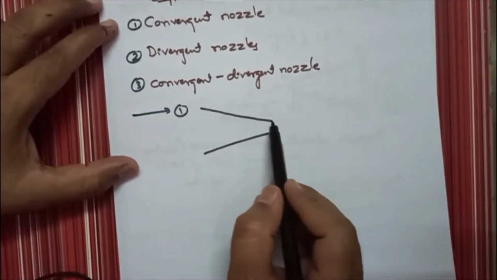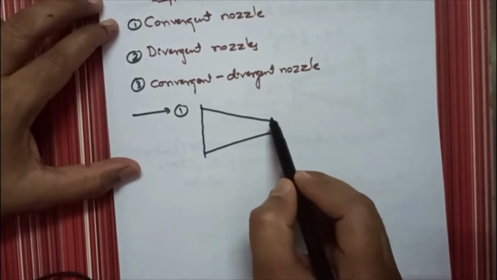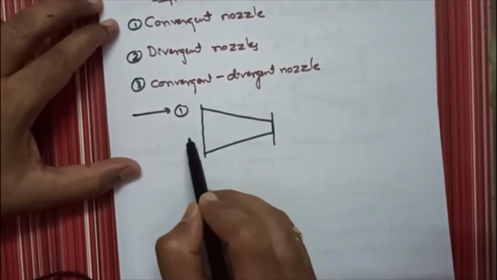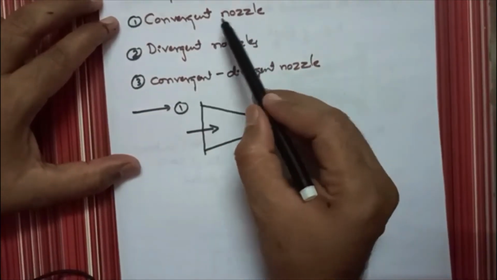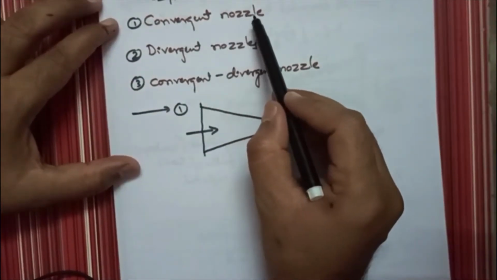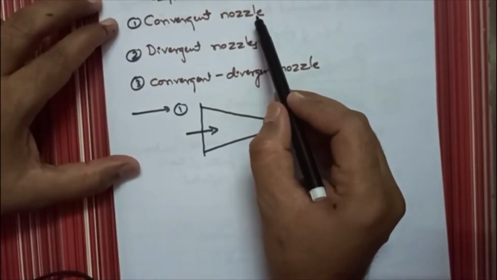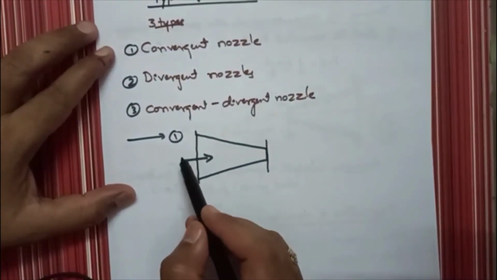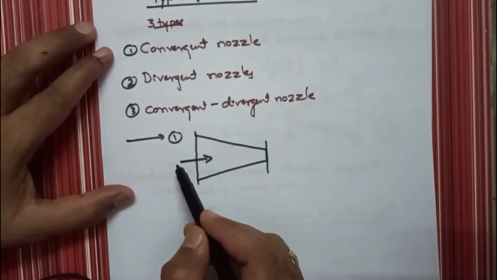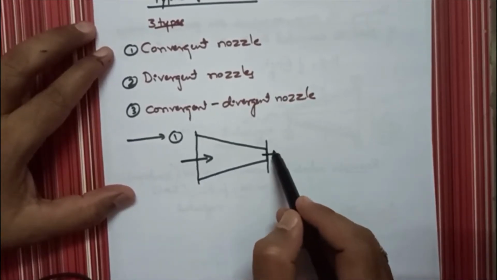The cross-sectional area is decreasing from inlet to the exit, and this is the direction of the steam flowing through the nozzle. So a convergent nozzle is a device of decreasing cross-sectional area which converts the high pressure energy of the steam into high velocity.